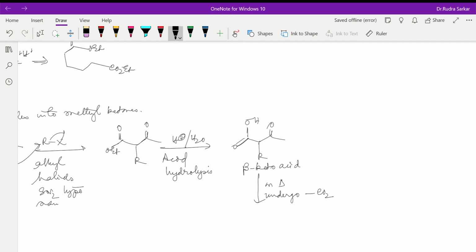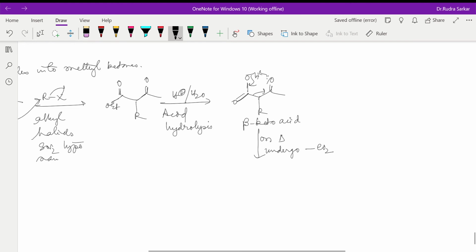So what is to happen is this bond goes in here, that goes for here, and this goes in here once we heat it, on heating. So CO2 is going outside from where? From here, okay. So now what is formed? R C double bond OH.